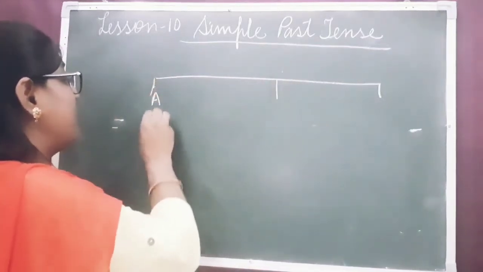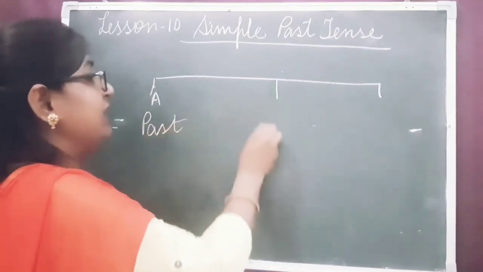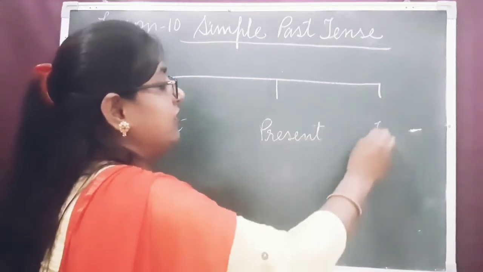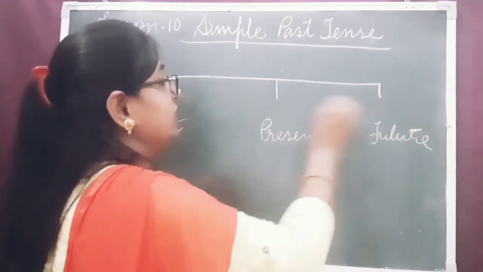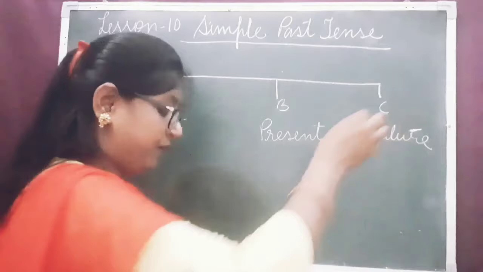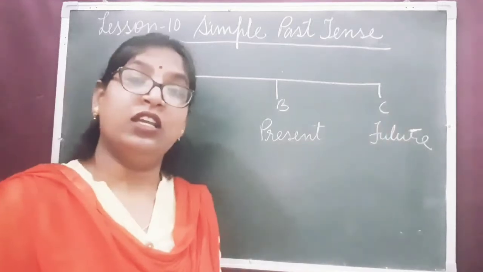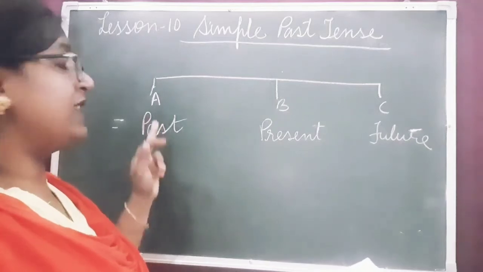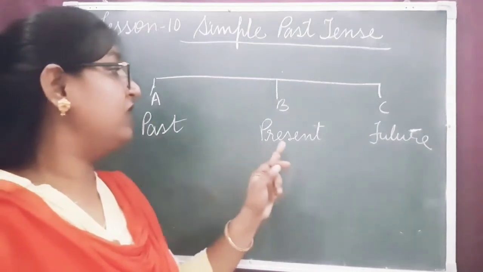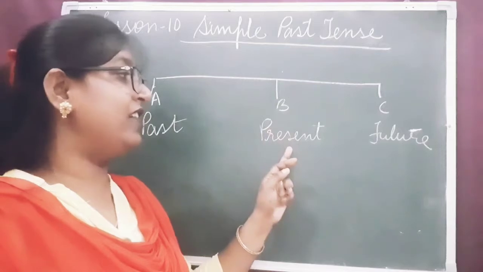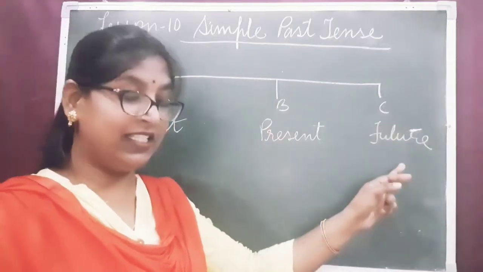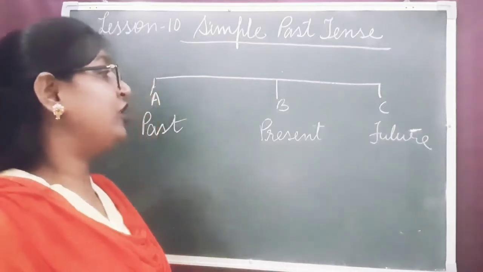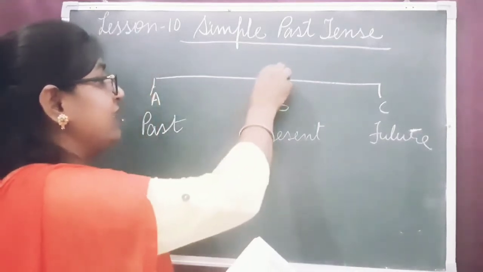Point A is indicating the past, point B is indicating the present time, and point C is indicating the future time. Now dear children, we are talking at this moment.